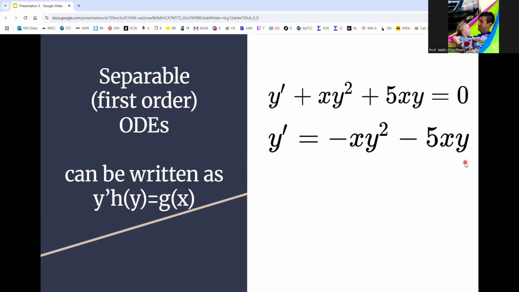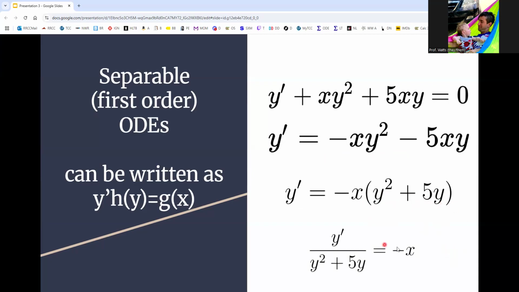Factoring can kind of separate the terms. And we look here, we have a common factor of negative x on the right side. Factoring the negative x allows us to separate the x and y variables. At that point, we can now divide both sides by y squared plus 5y. And in this case, g of x is negative x, and h of y is really 1 over y squared plus 5y.